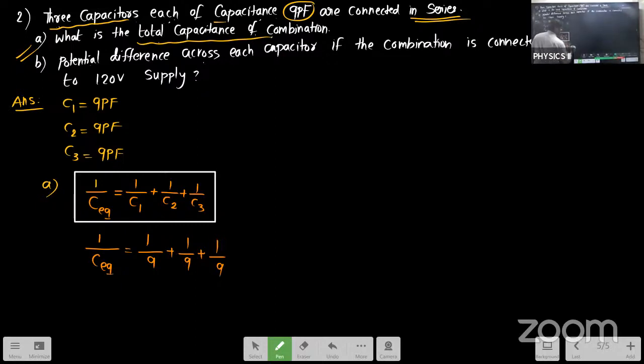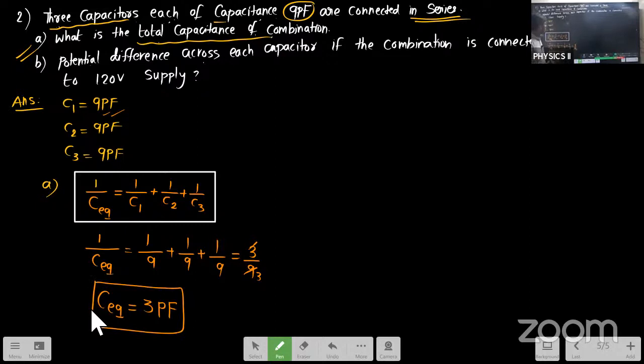It will become 3 by 9. So 3 ones and 3 threes. So what will be our final answer? Our final answer will become C equivalent is equal to 3. What is the unit we are getting here? Picofarad. 3 picofarad. So the equivalent capacitance in case of series is 3 picofarad we are getting. So what is the formula?